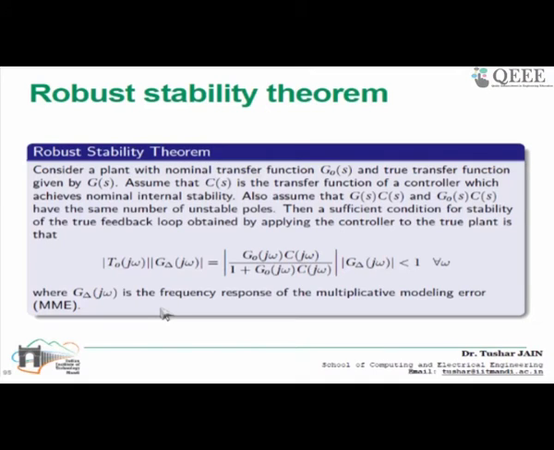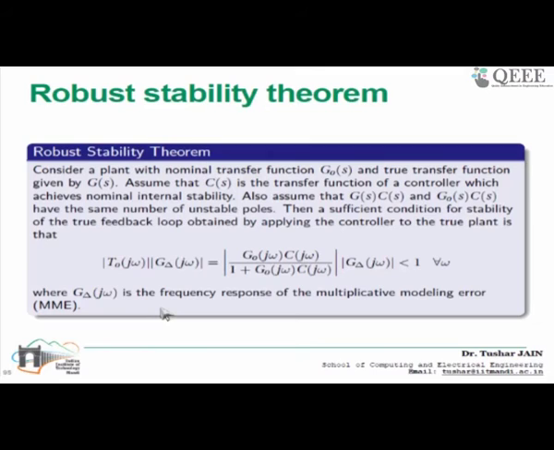Also assume that G(s)C(s) and G naught(s)C(s) have the same number of unstable poles. What it means is that though there is some uncertainty in the plant, my assumption says that this uncertainty retains the unstable poles within the true transfer function of the plant.